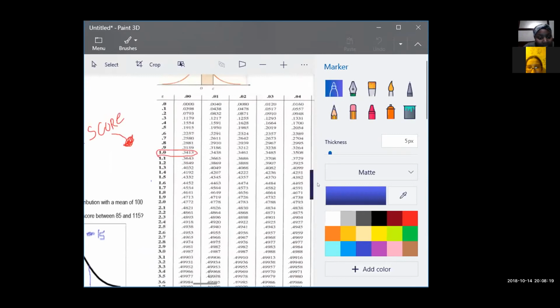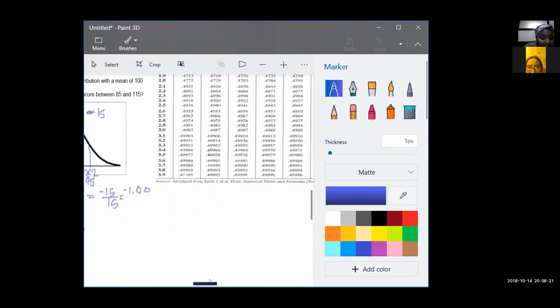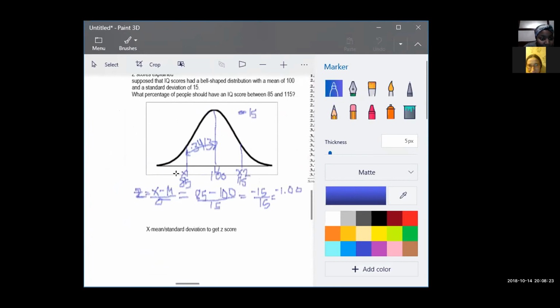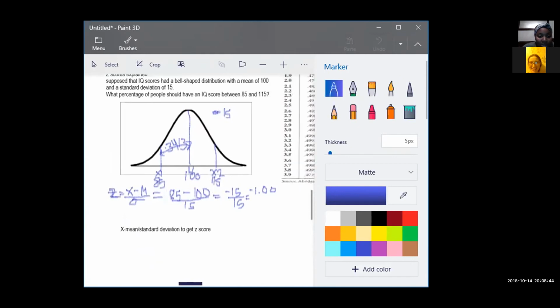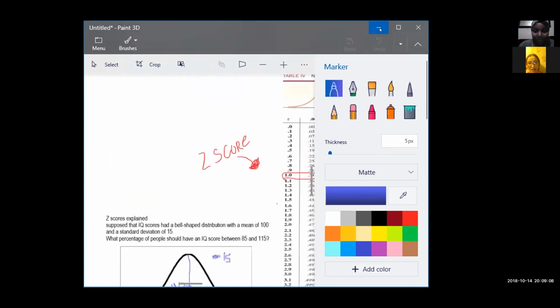So the area from x1 to 100 is 0.3413, or 34.13%. And that is how you would get the z-score for the area.